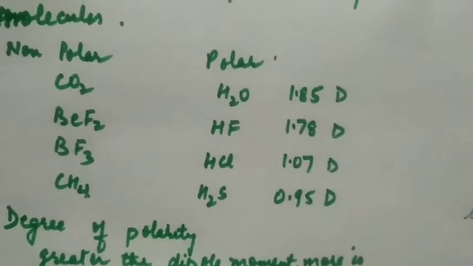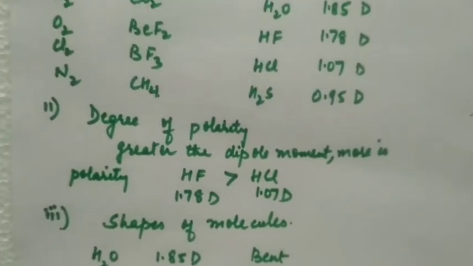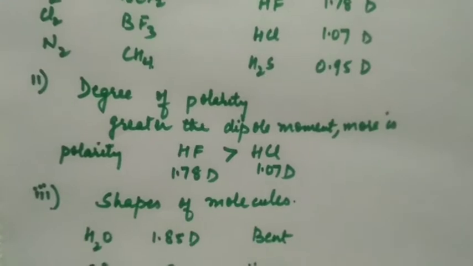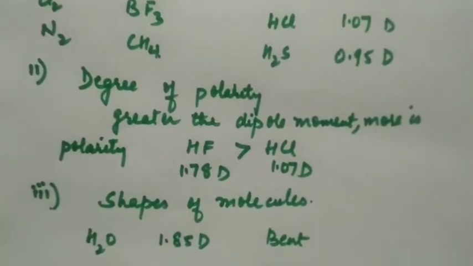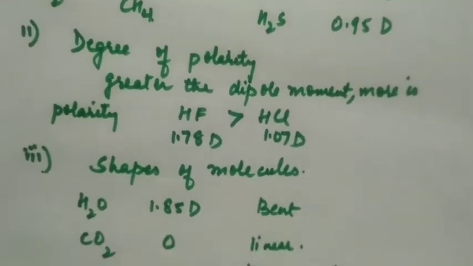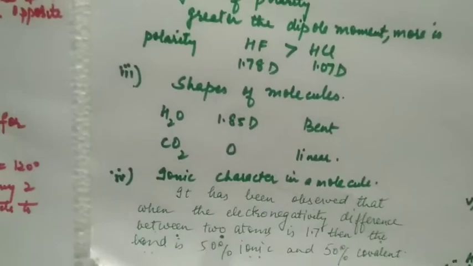And these molecules are polar in nature. Second is degree of polarity. Greater the dipole moment, more is the polarity of the molecule. So hydrogen fluoride having dipole moment 1.78 D is more polar than HCl having dipole moment 1.07 D.